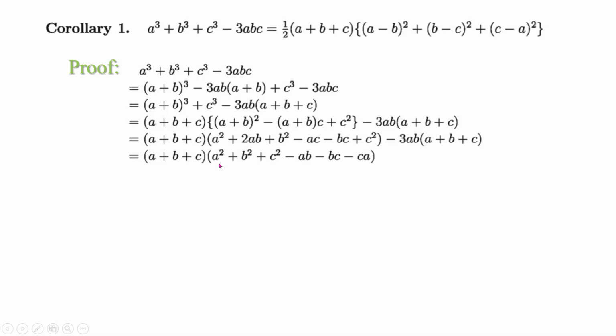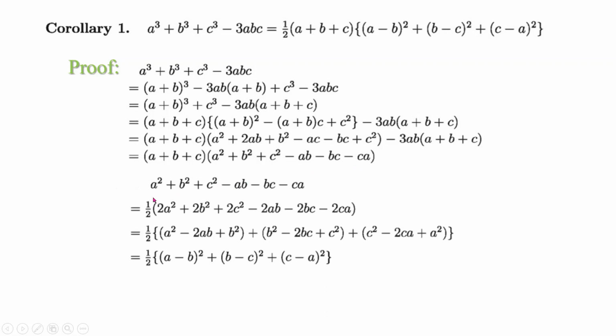Now from this expression, a square plus b square plus c square minus ab minus bc minus ca, taking half as common, we get twice a square plus twice b square plus twice c square minus twice ab minus twice bc minus twice ca. And arranging this expression, we get a square minus twice ab plus b square, plus b square minus twice bc plus c square, plus c square minus twice ac plus a square.